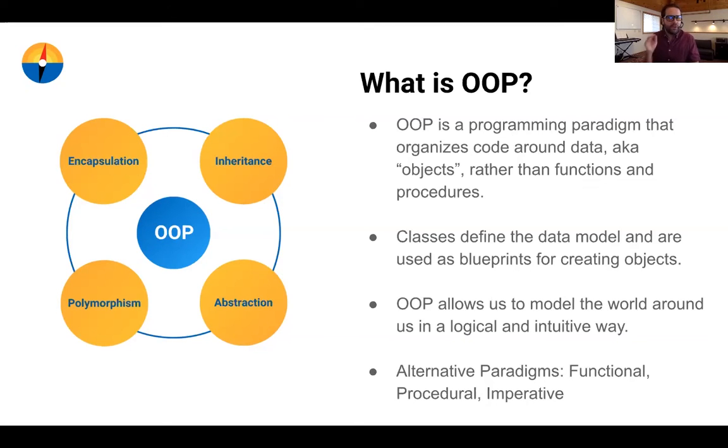And just as a quick difference, functional programming, instead of organizing its code around data, like objects, organizes its code around functions, right? So we'll just create a bunch of functions that complete a specific task. Functional is very, very common in JavaScript.